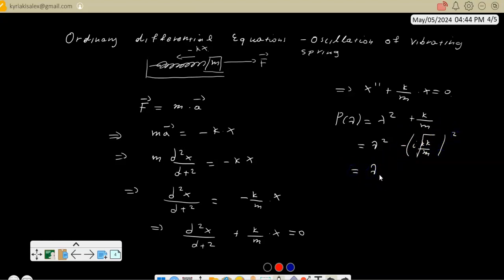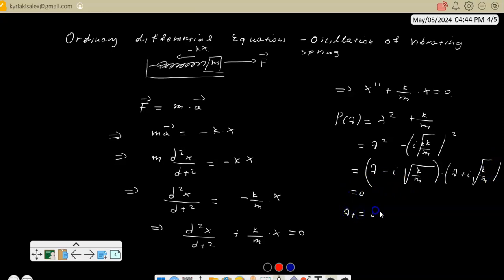We can write this as lambda minus i square root of k divided by m times lambda plus i square root of k divided by m, and we solve equal to 0.